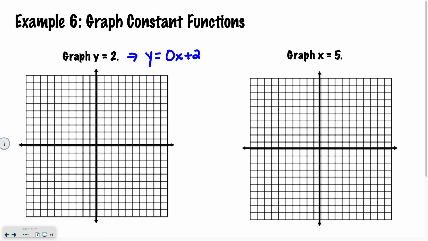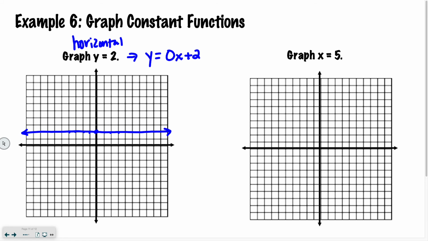And then we made a table, and we discovered we have a horizontal line. So then you go up to y equals 2, and you would have all of these points going left to right. So your y function, remember, is going to give you a line that looks like that.